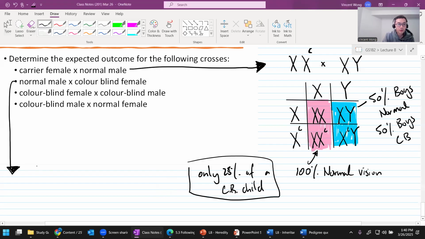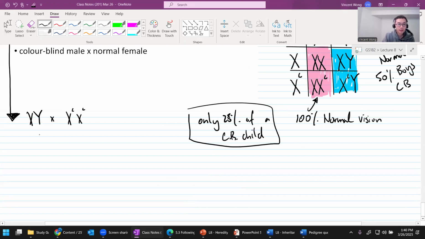All right, so here the normal male is XY, the colorblind female is XCXC, and we're gonna do the Punnett square. All are colorblind? Yeah, poor kids. Let's see if you're right. 50% of males colorblind? Okay, let's find out.